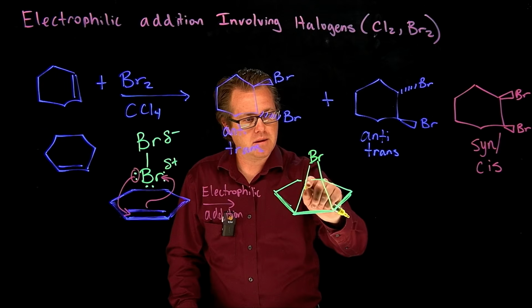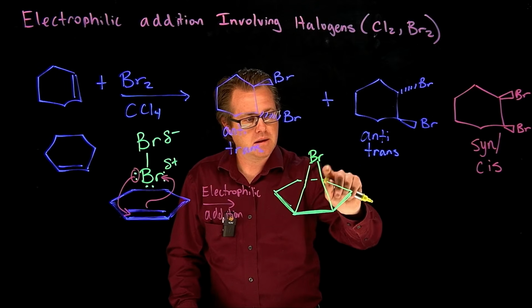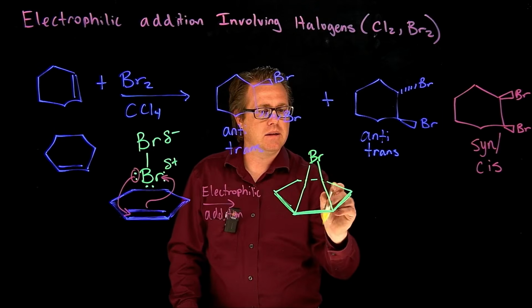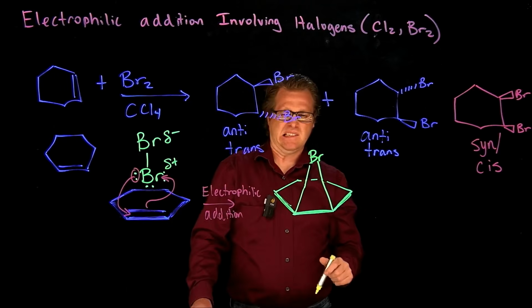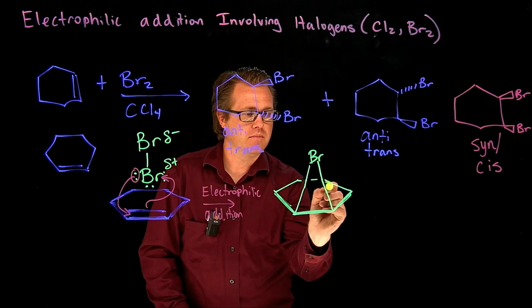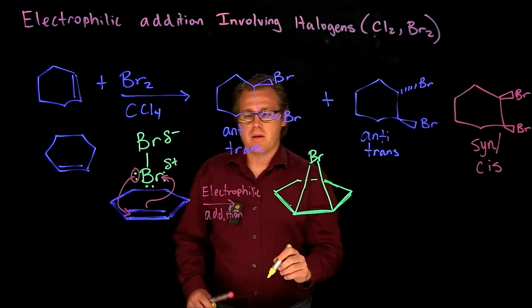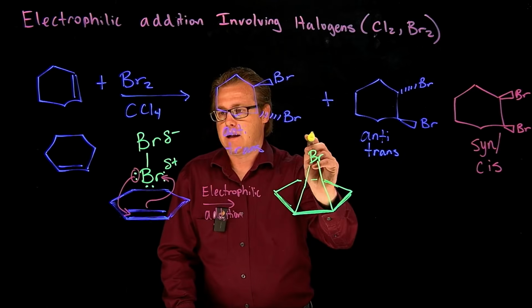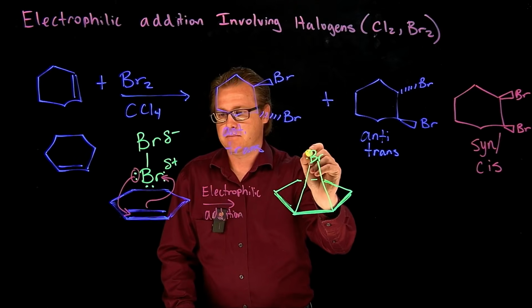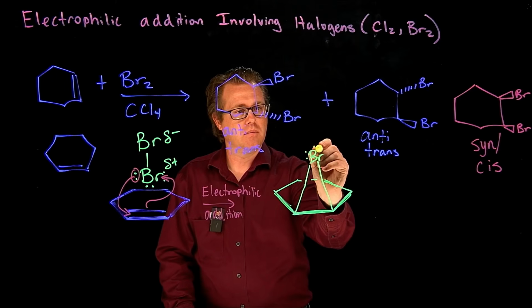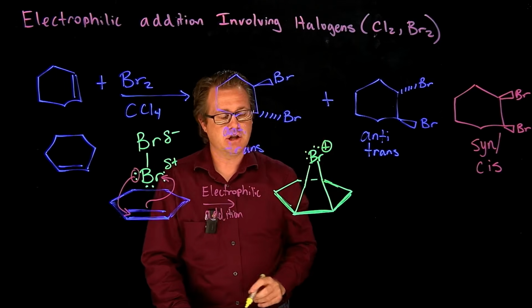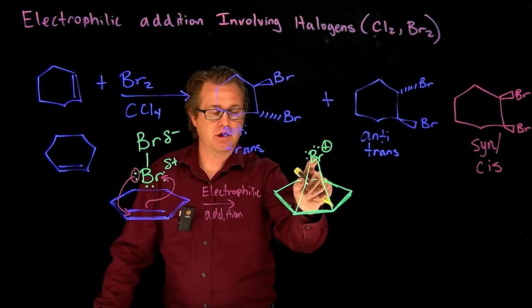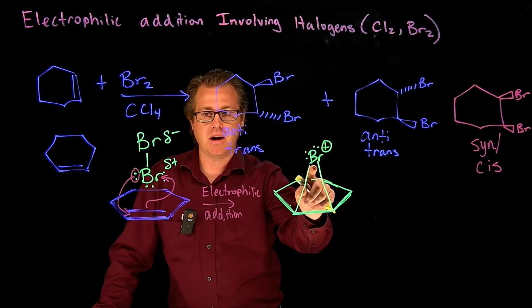And so that's in the front. Okay. But now what we have here is a halogen that has two bonds, so it's going to be partially positive.